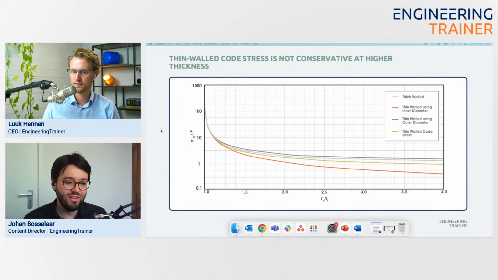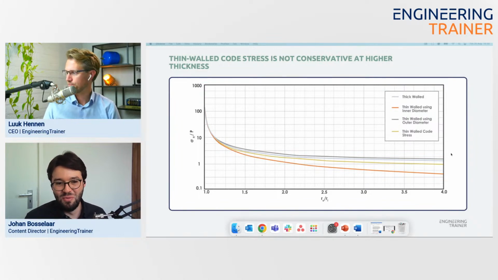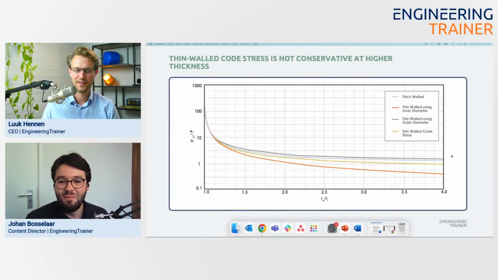So why change? Why bother? Indeed. But what you can see is that all these lines overlap for thin-walled pipes, right? If the pipe is really thin, all these lines overlap. So that's great, you can say, okay, my pipe is a thin-walled pipe.